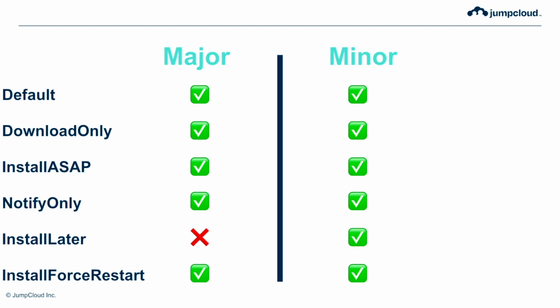Here is where we get to the 3 really interesting ones. Install ASAP. Download the update, prepare the update, tell the user that they have 60 seconds to stop what they're doing, save all their work because there's an update about to happen. Okay.